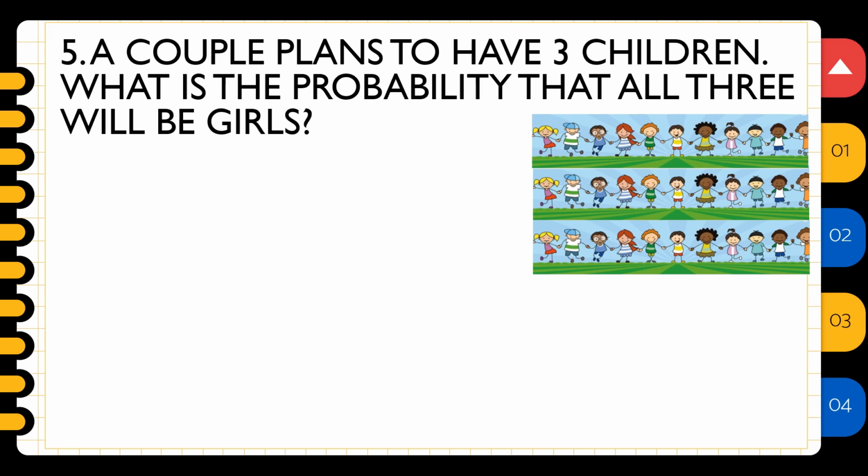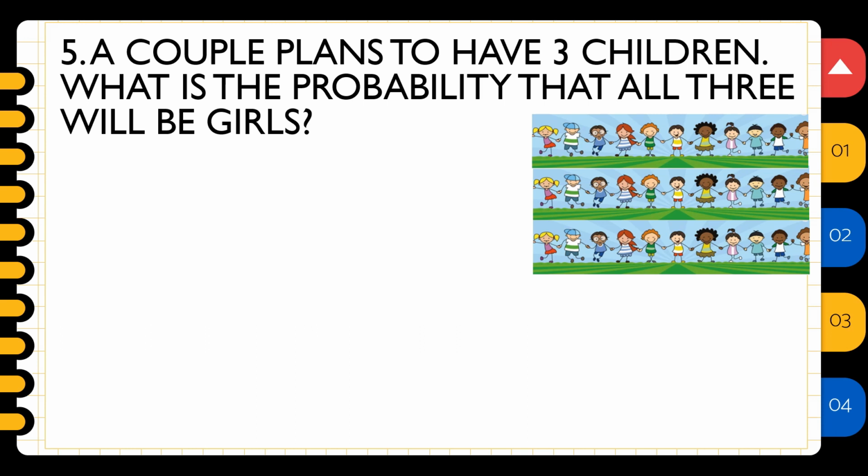Now moving on to our last example, we have number 5. A couple plans to have 3 children. What is the probability that all children will be girls? In this particular given, we assume that it is equally likely to have a boy or girl.